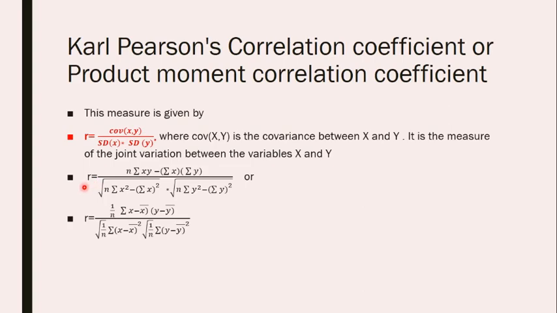Now, after finding r, or after finding the correlation coefficient, what is the next step? Why should you find out r? From r, you can make certain interpretations and come to a conclusion about the relationship between x and y. So that is the next step that we have to do.